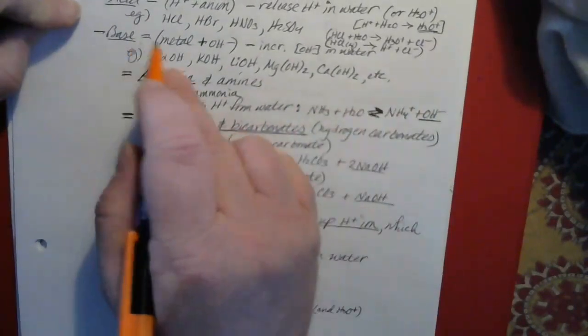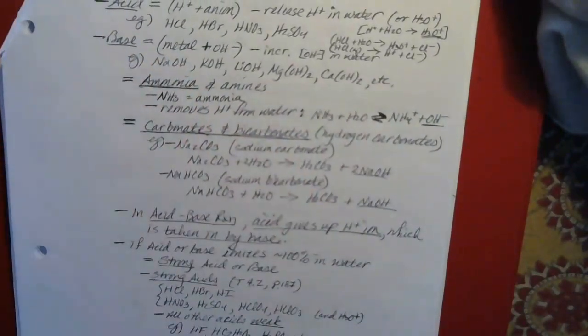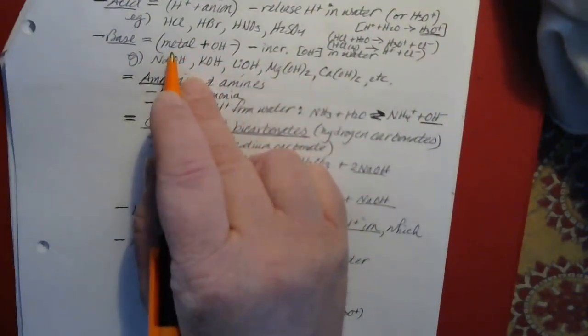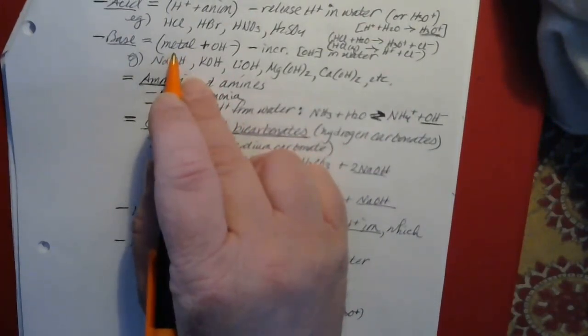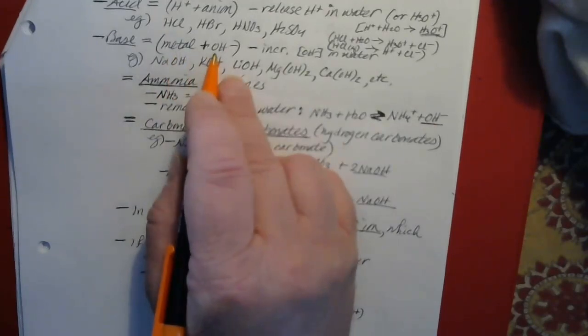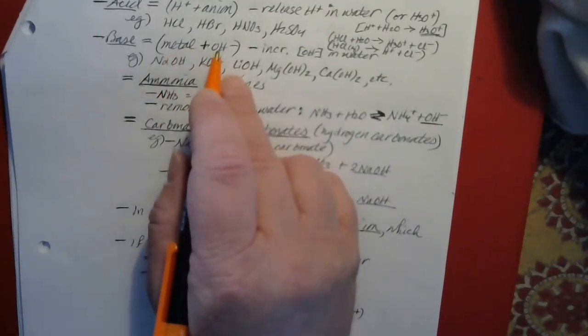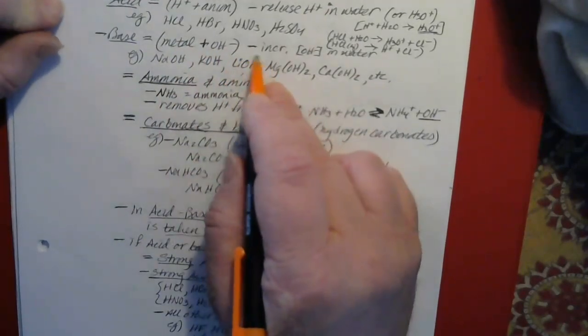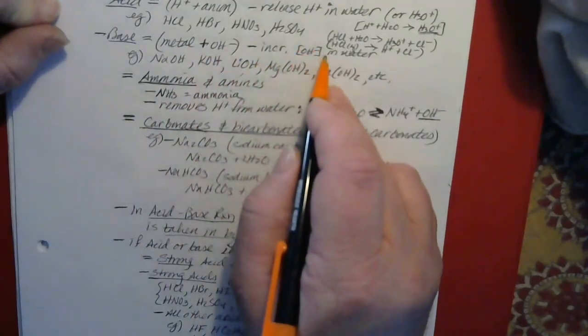A base is actually a little more broadly defined than acid. At least at this point in our investigations, a base will usually take the form of a metal hydroxide. So a metal ion plus the hydroxide anion. And what they do in solution is they increase the hydroxide ion content in water.